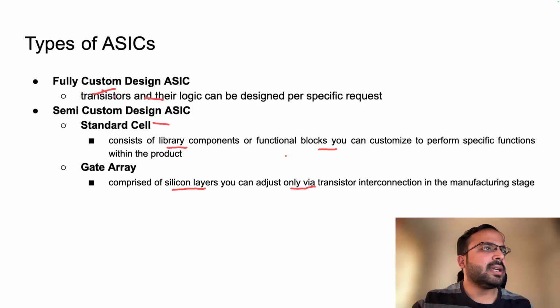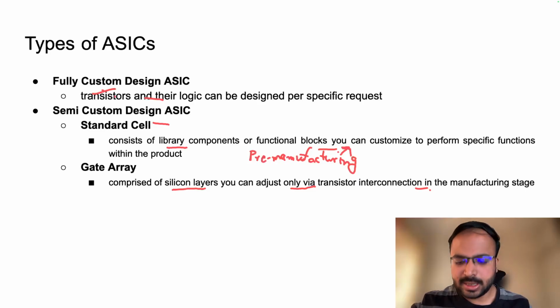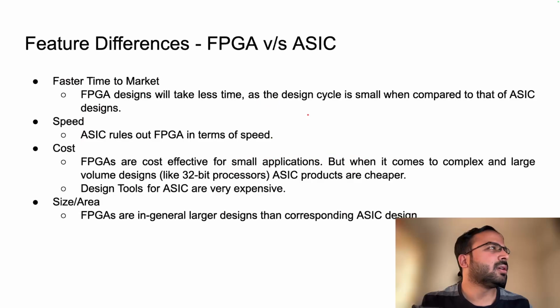The basic difference is that this can be configured pre-manufacturing, only in the manufacturing stage. So this is one difference in the semi custom design ASIC, and of course you will have the fully custom design ASIC, where transistors and logic can be designed as per the specific request of the customer, right?